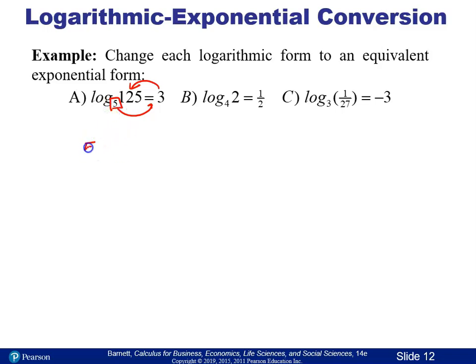So I'm going to write the 5. I'm going to raise it to my exponent. The exponent is always sitting over here by itself. So I'm going to write it as 5 to the third, and then it's going to be equal to 125. This would be your exponential form that corresponds with this logarithmic form.